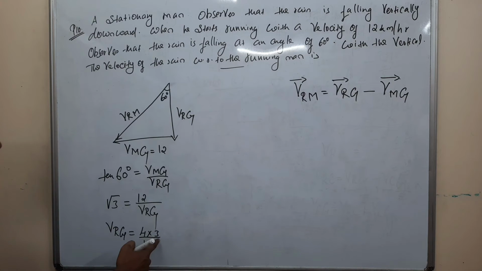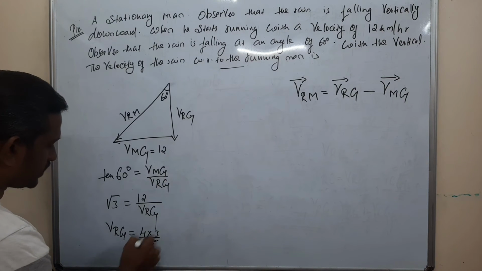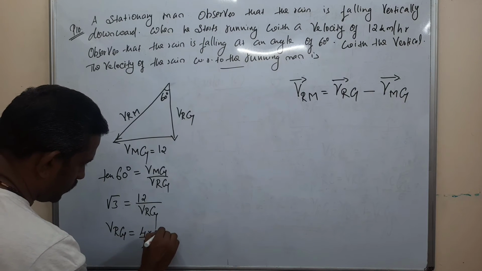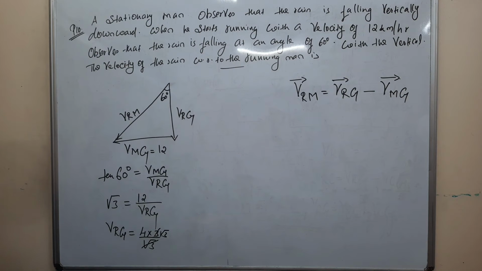Root 3 we can write as root 3 into root 3, so one root 3 is cancelled. The remaining is root 3.